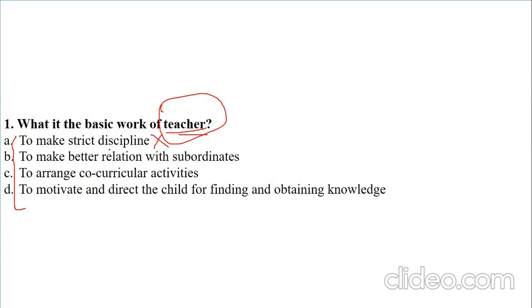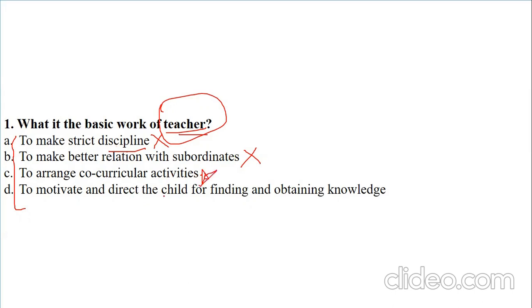Strict discipline is needed but not strict, so this option goes. To make better relation with subordinates, no, a teacher has a lot of work other than that, so this option also goes down. To arrange co-curricular activities, yes, you can think of this option, but let us go for the last option and check out what will be the best answer.